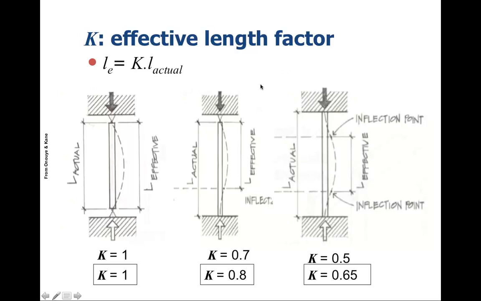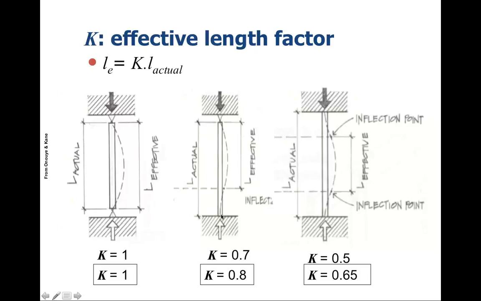So in terms of the effective length factor, which relates to how the column is actually attached or fixed at the top and the bottom, if K is equal to 1, then we're assuming that it's pinned at the top and the bottom, and the effective L is over the whole length or the height of the column. So basically it can rotate freely as soon as any load is applied. So that would be K equal to 1.